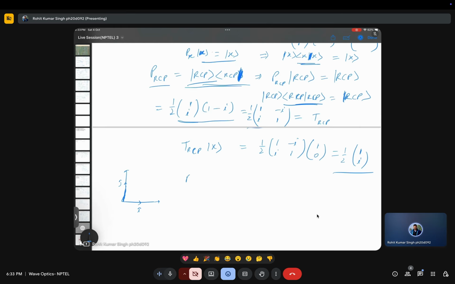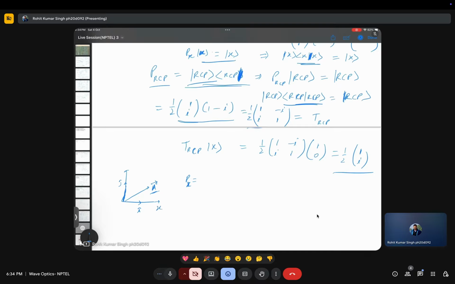The projection operator projects any vector in the direction of, so suppose you have a projection operator for the x-axis given by px, then it should give out the component of this vector in the x direction.